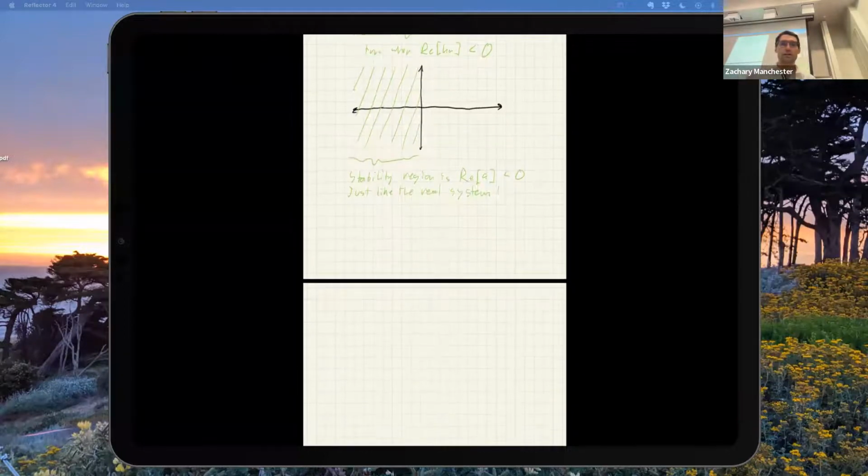Super cool. So let's see, some terminology.